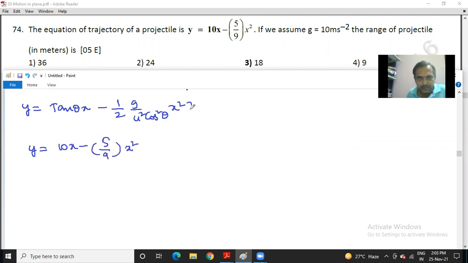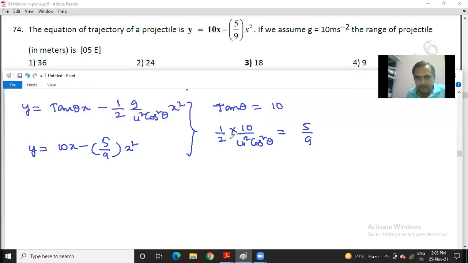So let us compare these two. So you'll get tan theta is equal to 10. And then half g is 10 by u square cos square theta is equal to 5 by 9.